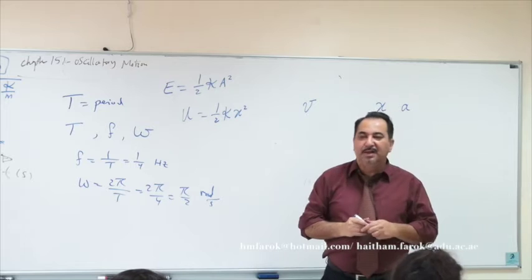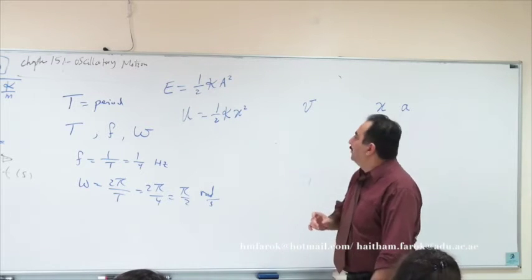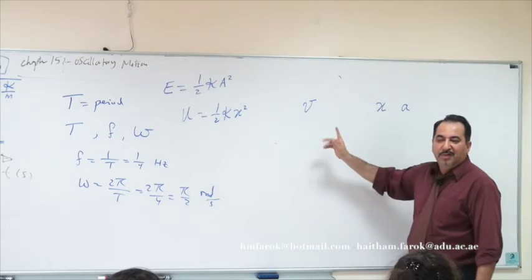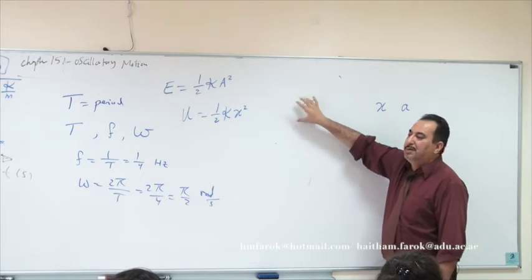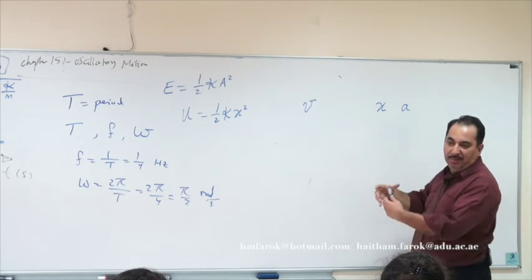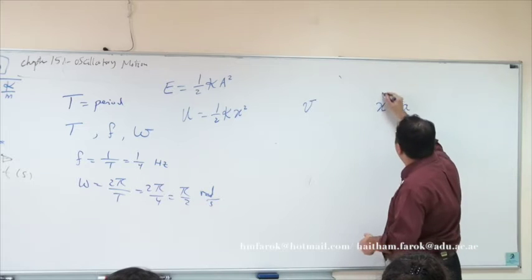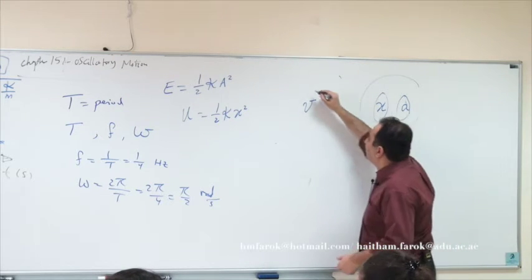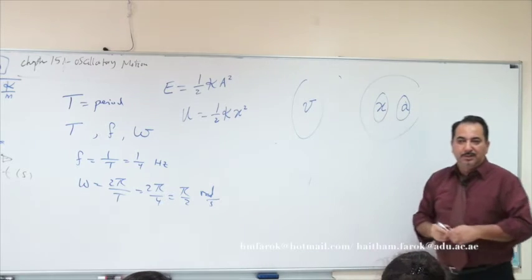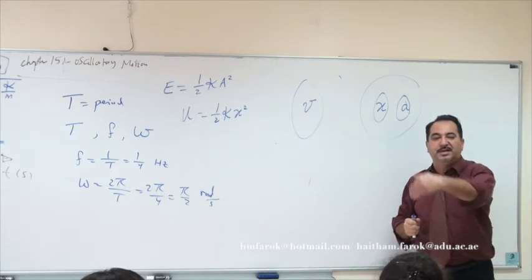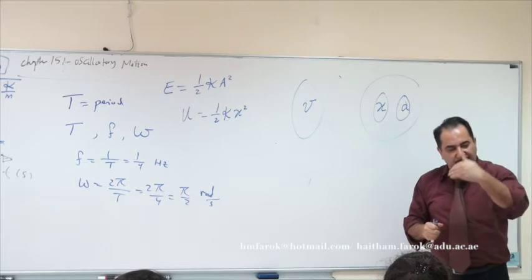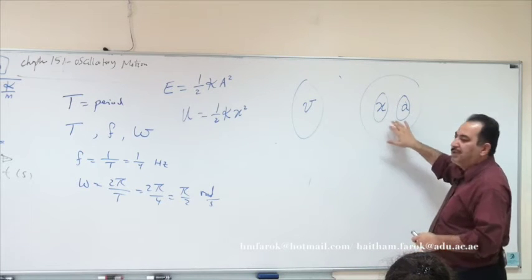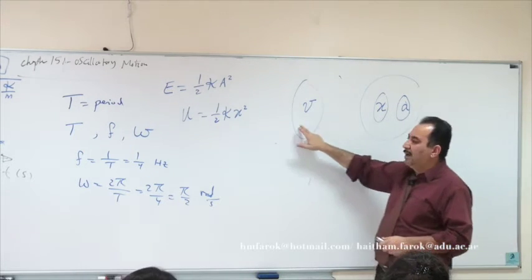Position, velocity, and acceleration. The way I write them, V on its own, X and A together. Put those together in one cycle, and this on its own. So it's not XVA, no. Position with acceleration, and velocity on its own.